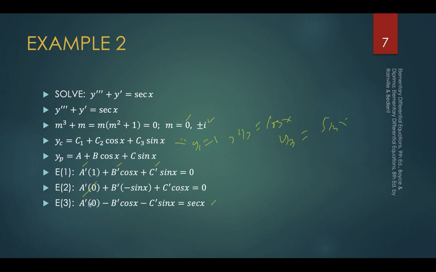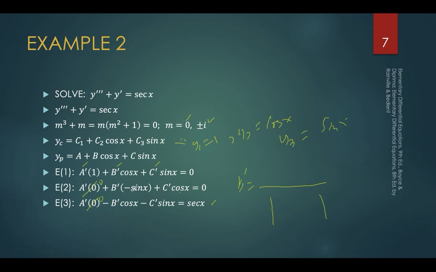Since this is now 0, we now have two equations, two unknowns. You can solve this by determinant if you want. Okay, let's say we solve for b prime.